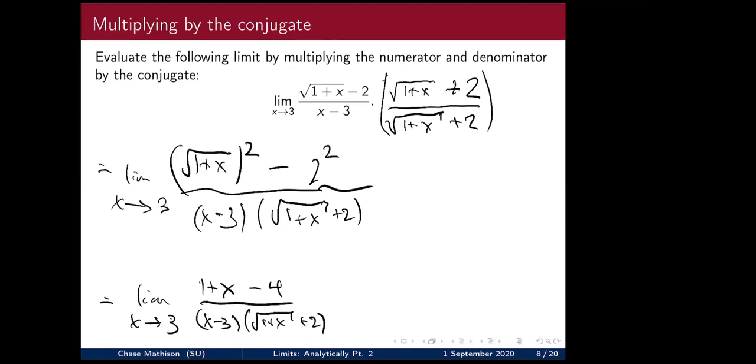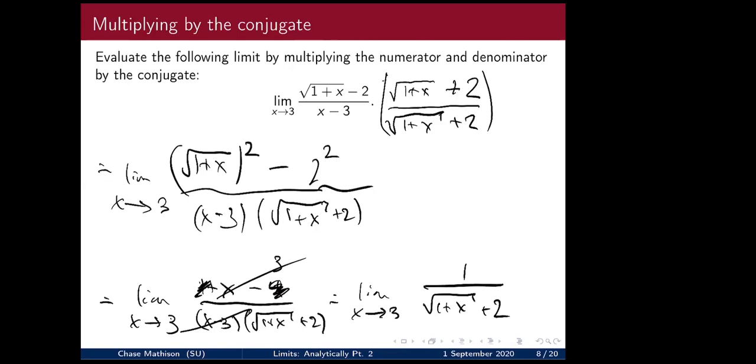And then what does that top simplify to? x minus 3. Perfect. The plus 1 and the minus 4 is going to give me minus 3. And now, what happens with that factor of x minus 3? They cancel out. Yeah, I get cancellation there and there. And so this is the limit as x approaches 3 of 1 over square root of 1 plus x plus 2.